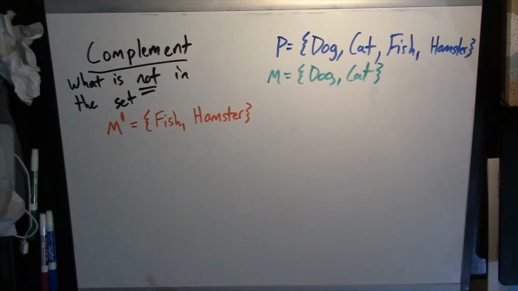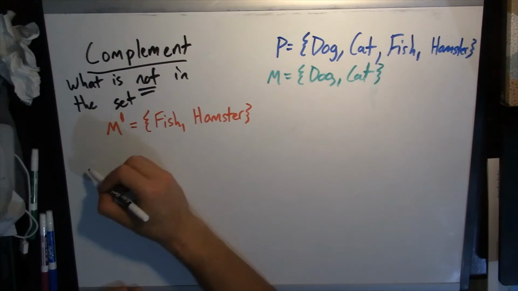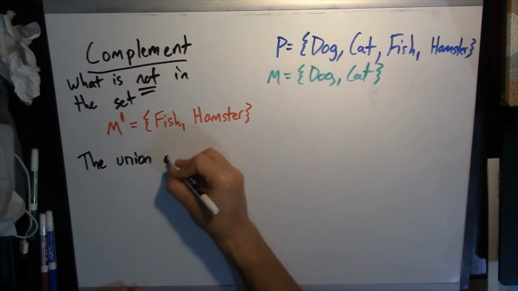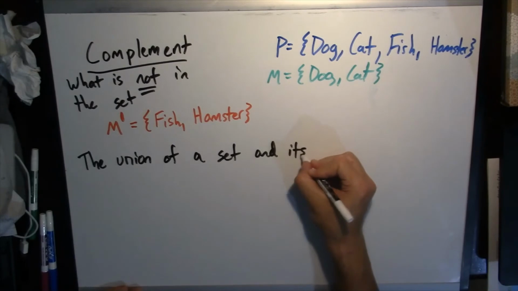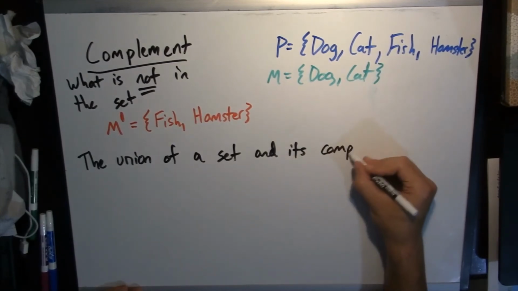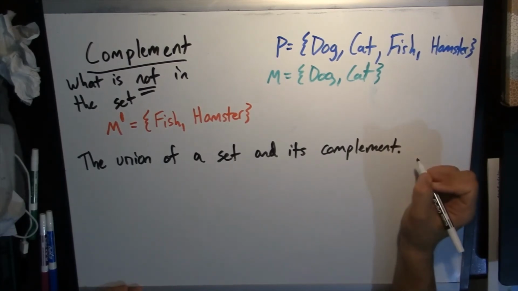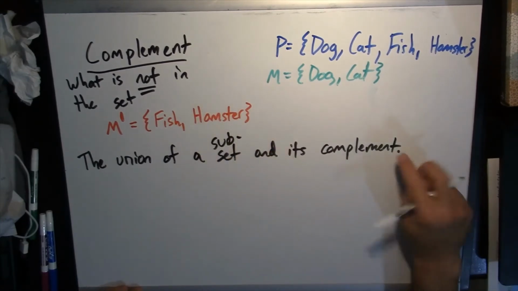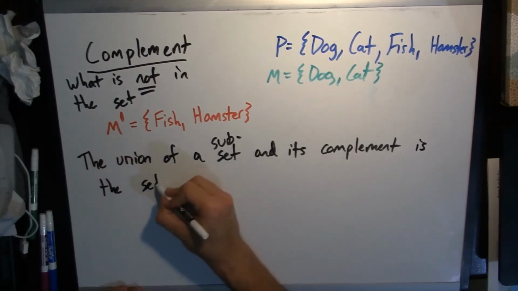Every time, and I'm going to go ahead and write this down, the union of a set and its complement, really I should say of a subset and its complement, is the set.